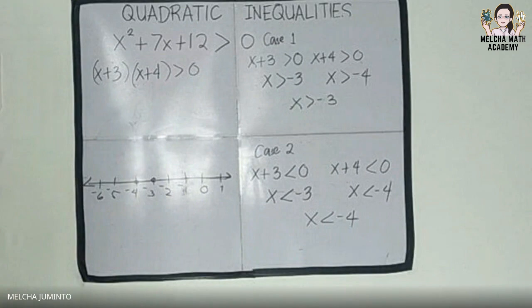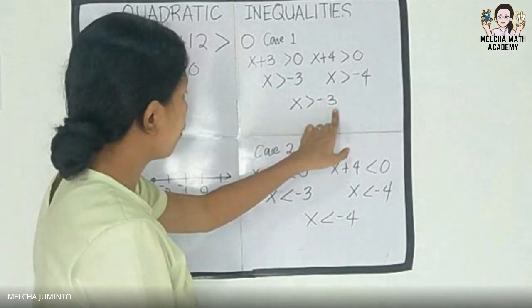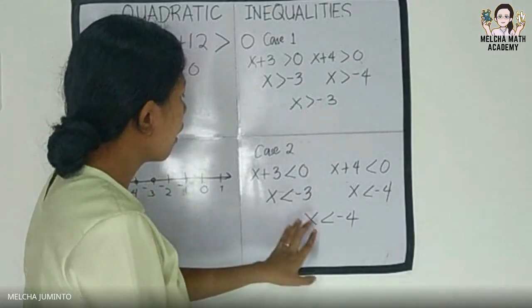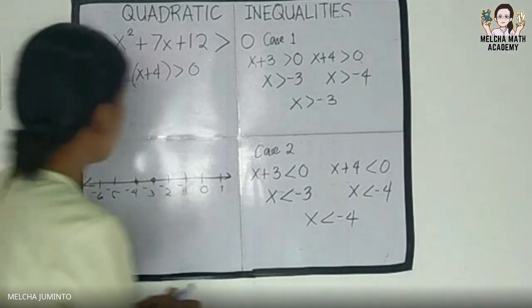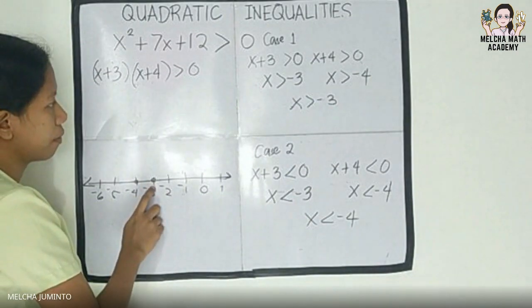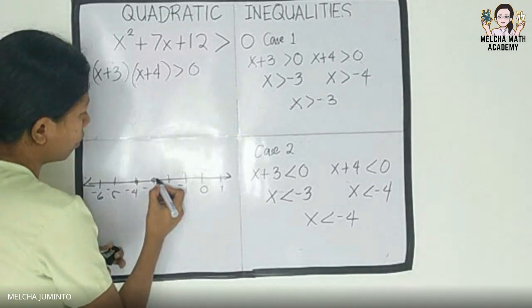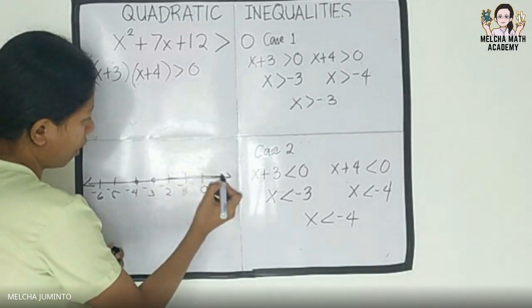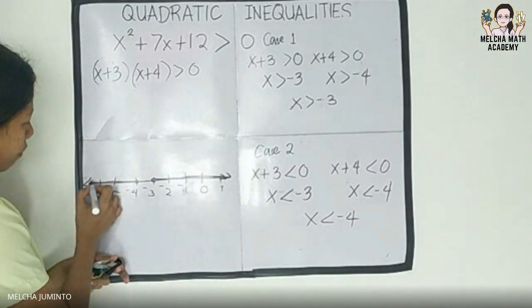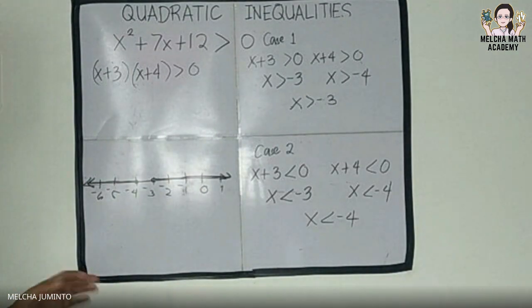So we have x is greater than negative 4 here, and x is less than negative 4 in the second case. We plot them, negative 3 here and negative 4 here, and the same way as a while ago, you shade to the right and to the left to show that those are the solutions for this inequality.